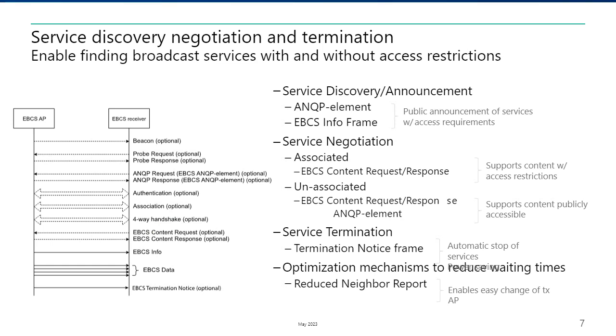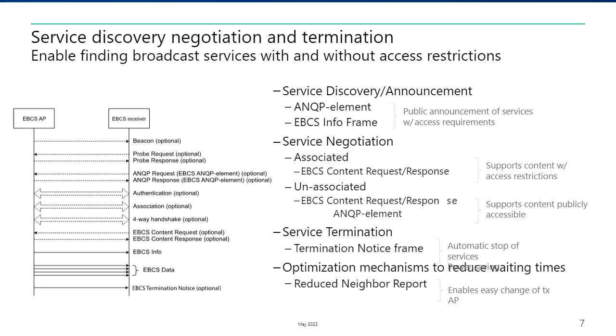So in particular, the service negotiation supports associated stations via the EBCS content request response framing, as well as the unassociated stations, where you can use ANQP packets that can be transmitted to the AP without the need for corresponding associations to request and access the corresponding services.